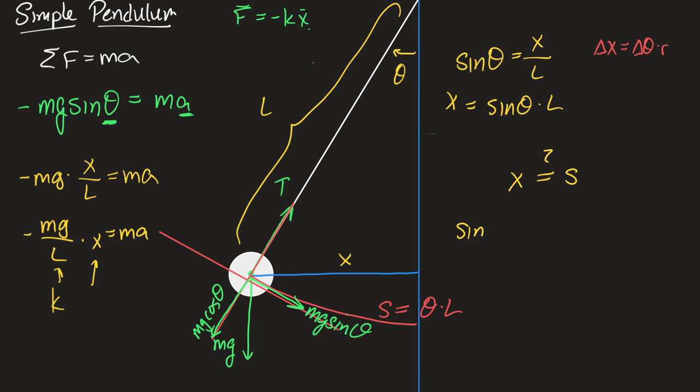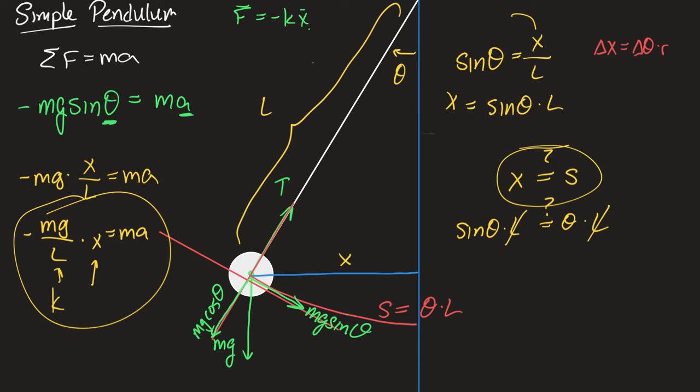Is sine theta times L equal to theta times L? What I'm really asking, apparently, is sine theta equal to theta? Remember, in this formula, theta had to be in radians to use it. So we're not quite at the end of where I want it to be, but we're very close. So I've kind of shown you that these two are pretty close, aren't they? That's where we left off then.